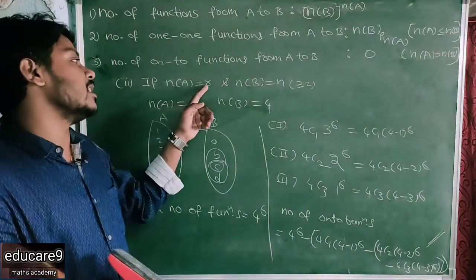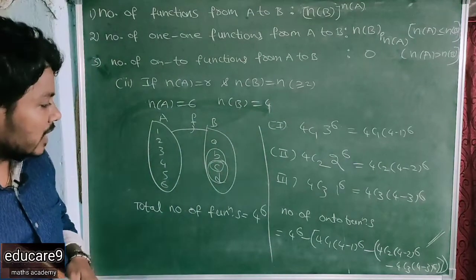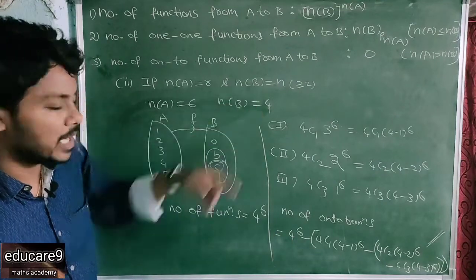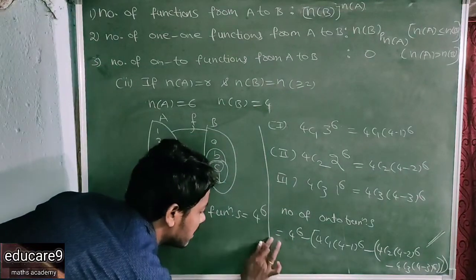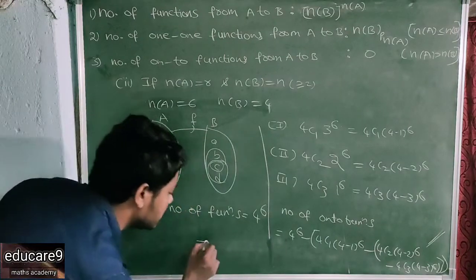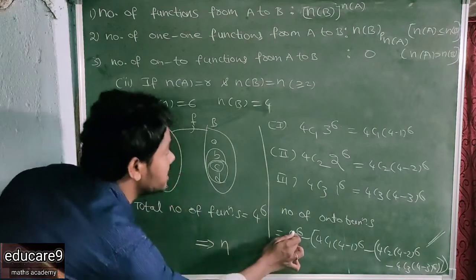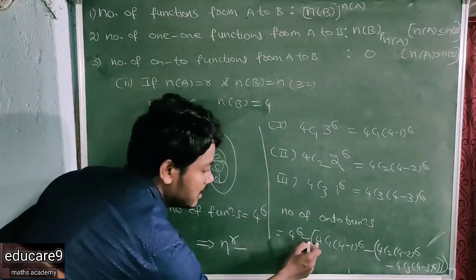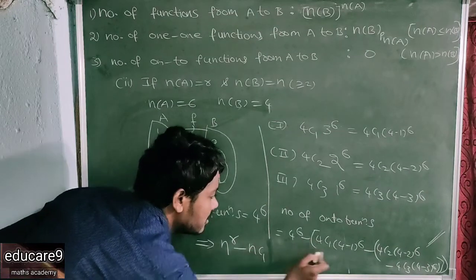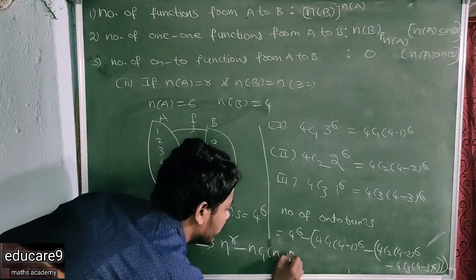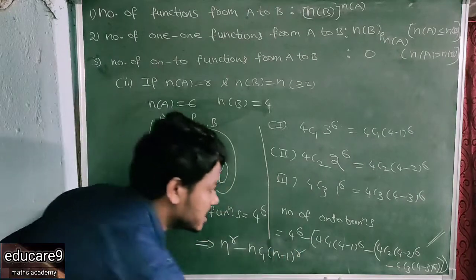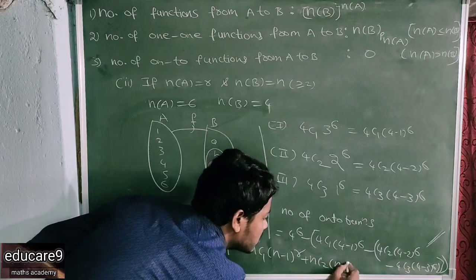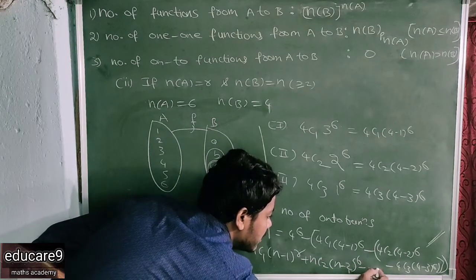The number of elements in A is R, and the number of elements in B is N. So clearly this is N, that is the number of elements in B. So we can generalize this formula as N power R minus NC1, N minus 1 whole to the power of R, plus NC2, N minus 2 power R and so on.